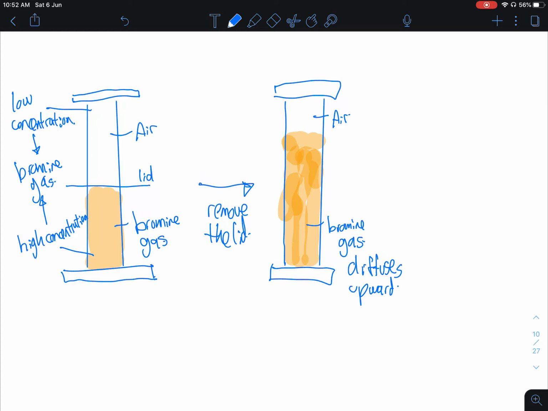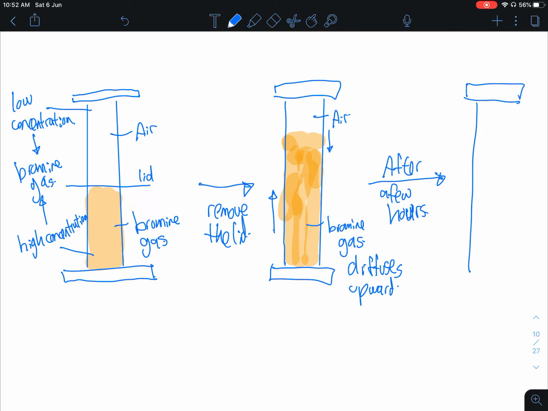But then you ask, oh, where does the air move? It actually moves downwards. So while the bromine gas moves upwards, the air, which are smaller, tend to move downwards, the particles. Okay, so after a few hours, you will realize that the bromine gas would actually fill throughout the whole gas jar.